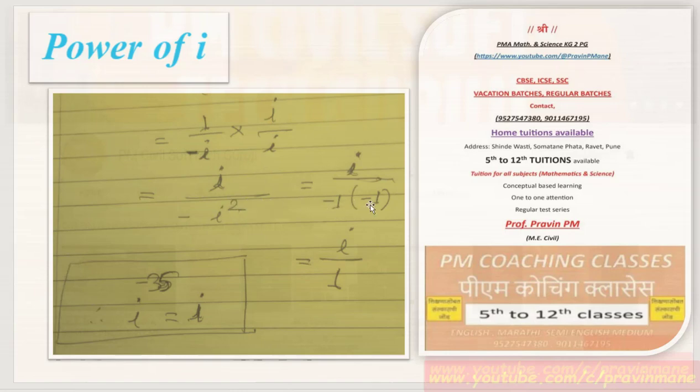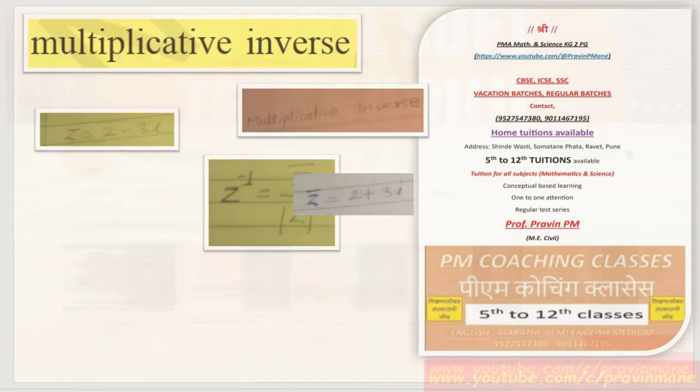So minus 1 into minus 1, which gives 1 by i. So my i raised to minus 35 is equal to i. That is the power of i.